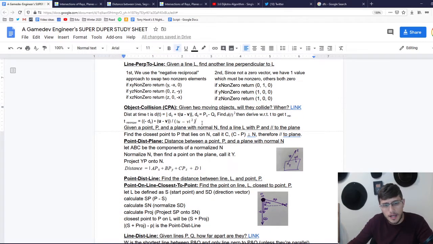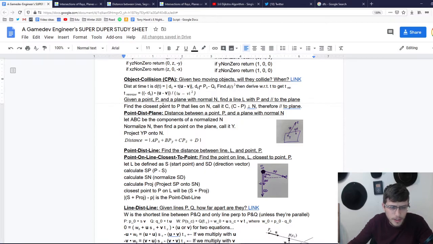All right. Then this is also something to consider, particularly for physics. If you're going to a job with physics, you're going to want to know this, the closest point approach for object collision, and this is explained here in the link. What's here? Given a point P in a plane with a normal N, find a line L that contains P and is parallel to the plane.